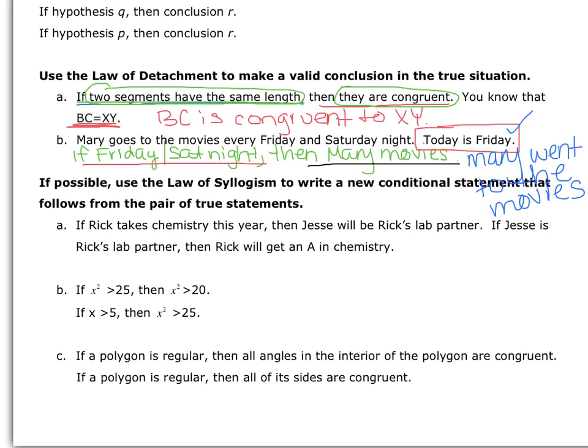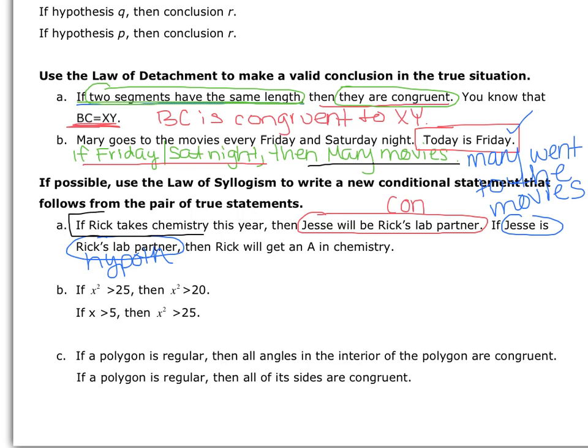What you can see here is that the conclusion of the first is restated as the hypothesis of the next. So you can conclude that if Rick takes chemistry, then he will get an A.